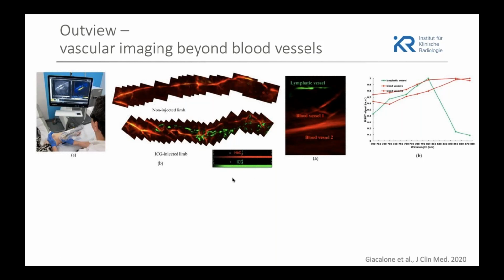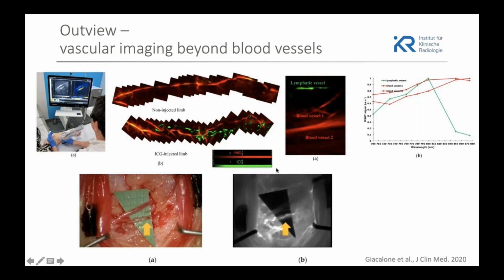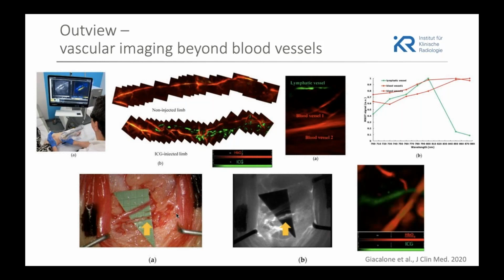They did use, and that's a nice example for using an exogenous absorber, they labeled the lymphatic vessels by injection of indocyanine green, ICG, and they could image with the Acuity system the lymphatic vessels and use these images generated from MSOT to guide their surgery to perform procedures at the lymphatic vessels.